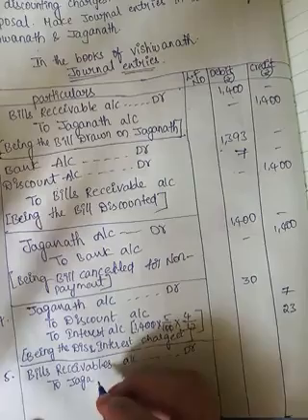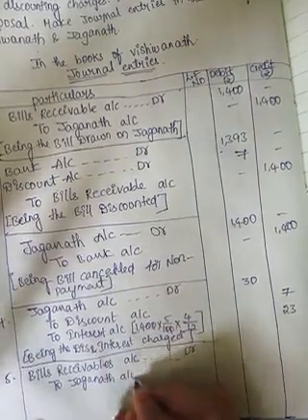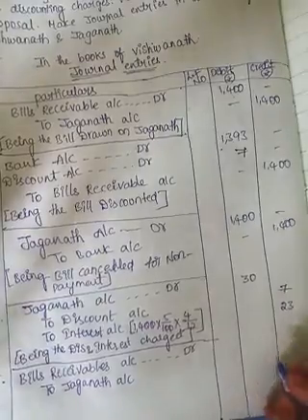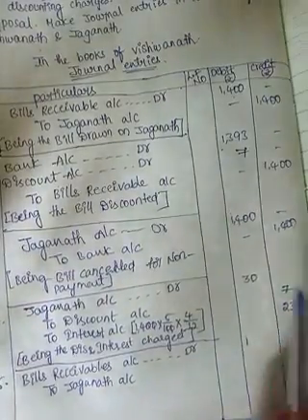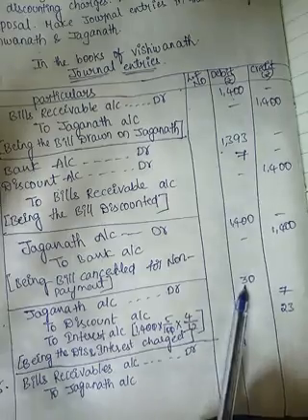The actual original amount is 1400 plus discount and interest charges of 30 rupees.